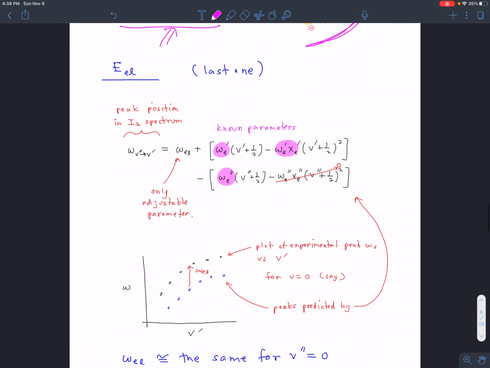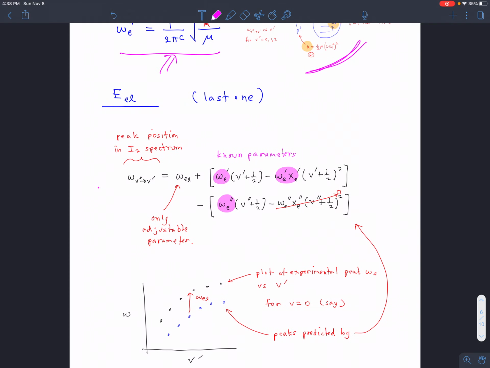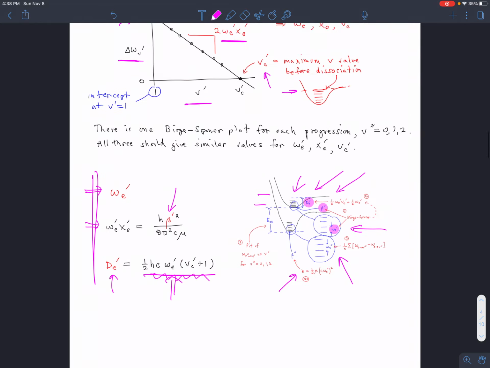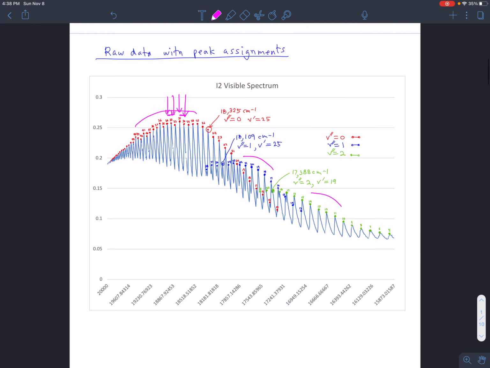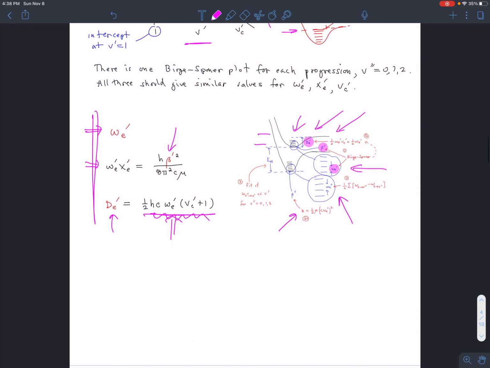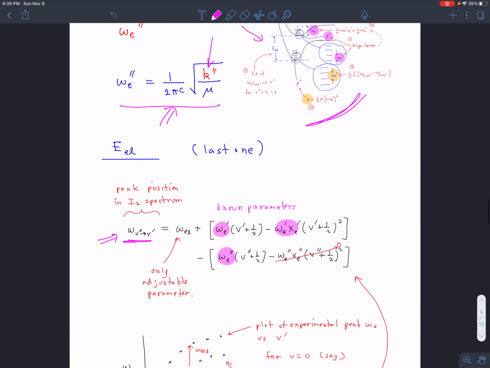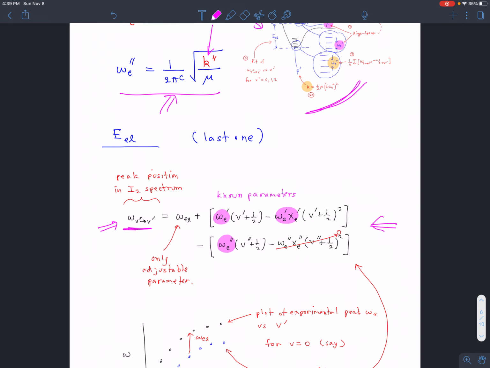And we can get that now because we have this expression. This expression gives the wave number for every peak in the spectrum, every single one. So all these peaks should be given by this expression. Again, assuming this stuff is 0.